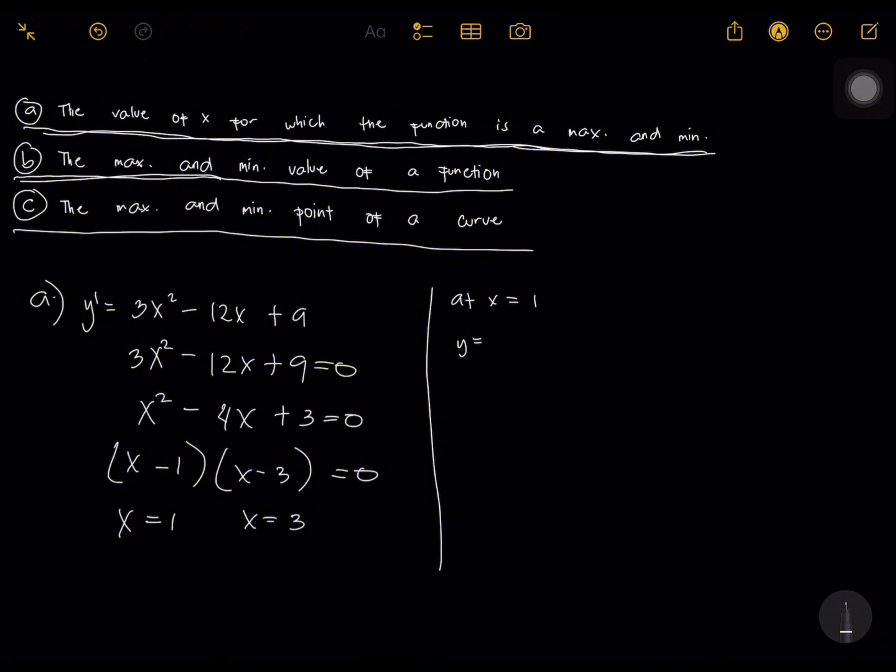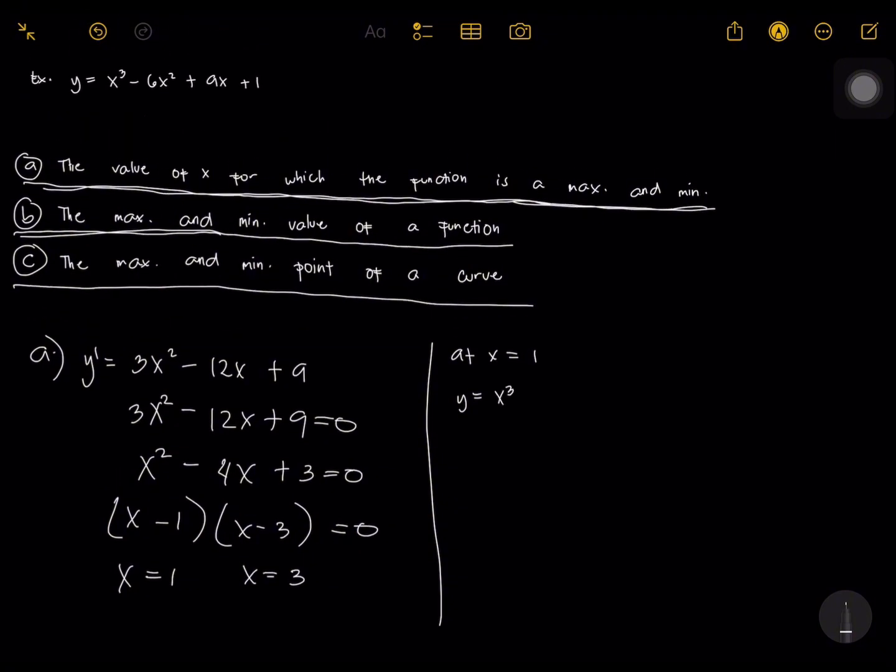To substitute into y equals x cubed minus 6x squared plus 9x plus 1, we have y equals 1 cubed minus 6 times 1 squared plus 9 times 1 plus 1. So the total is 5.